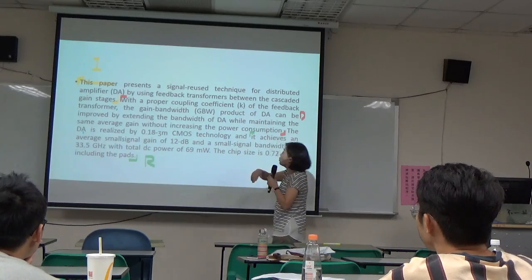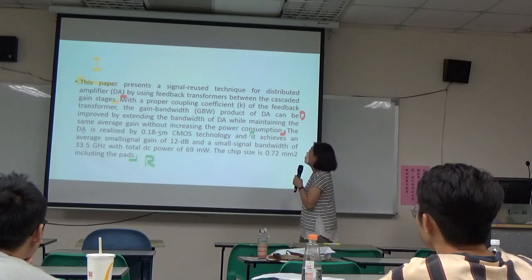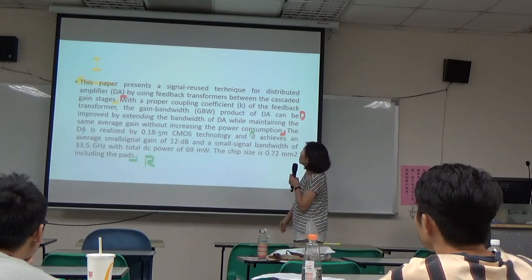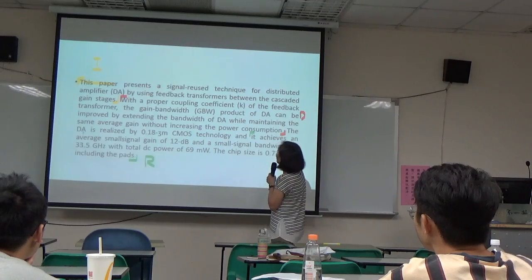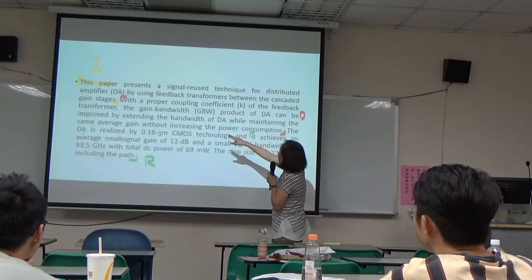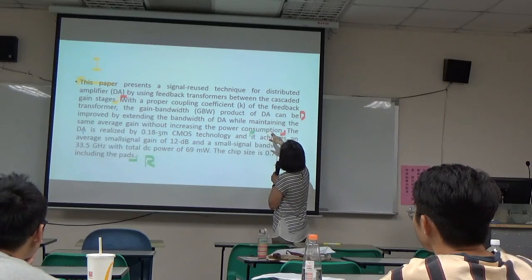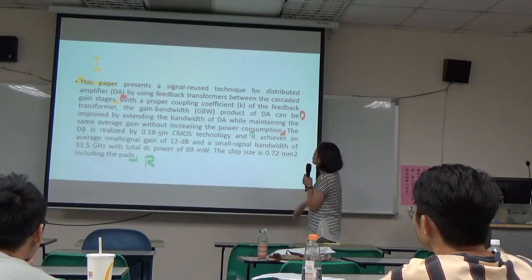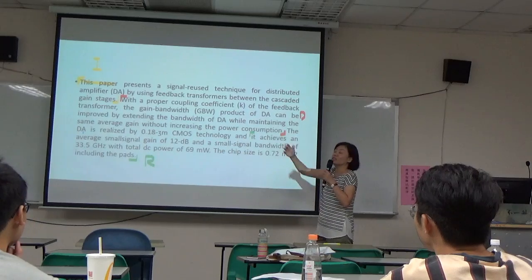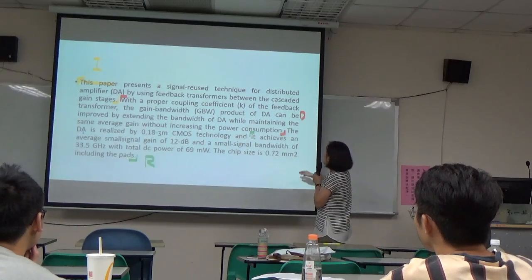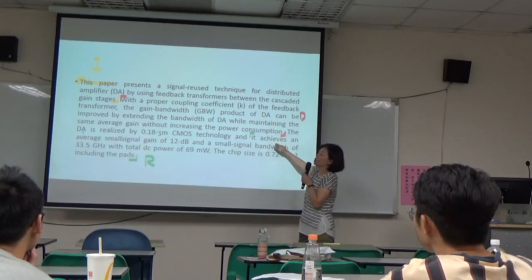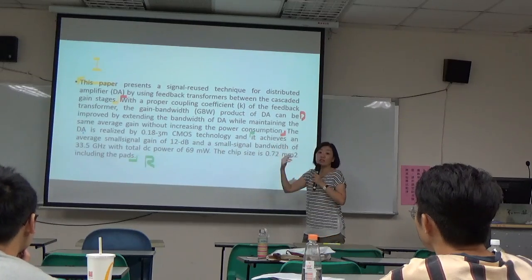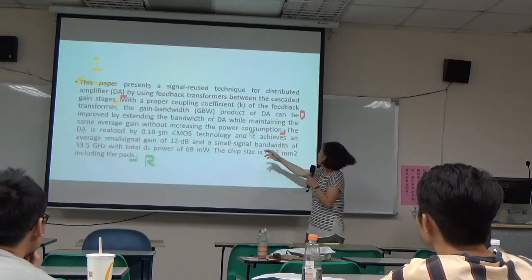Although I don't understand your field, I can catch some meanings from the keywords. They get the bandwidth, and they can extend the bandwidth, do this and do that. And in the end, it achieves this. That's the result.